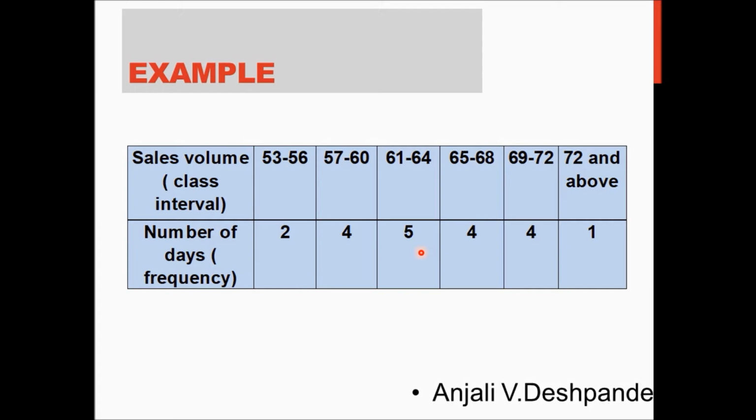L is the lower limit of this particular class, that is 61, right? Then Fm is the frequency of the modal class, that is 5. Fm minus 1 is the previous class frequency, that is 4. Fm plus 1 is the next class frequency, that is again 4. And h is of course the width, which in this case is 3.